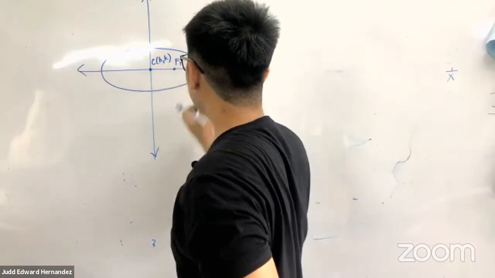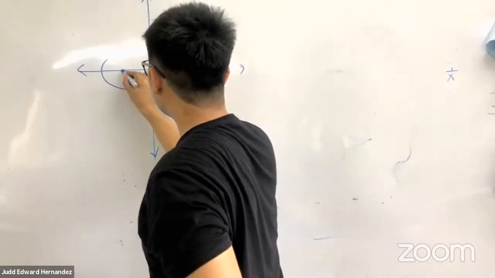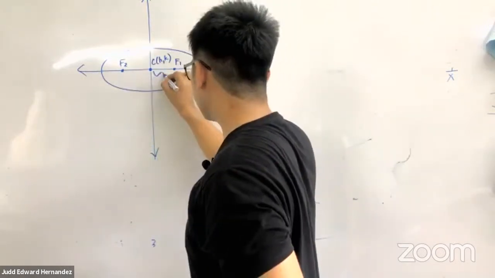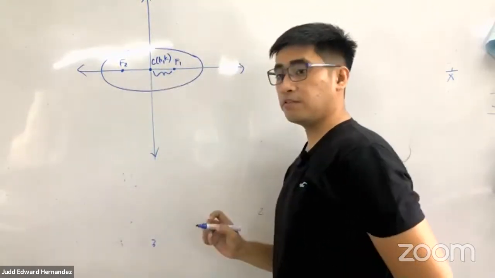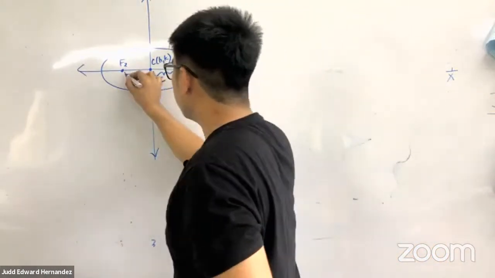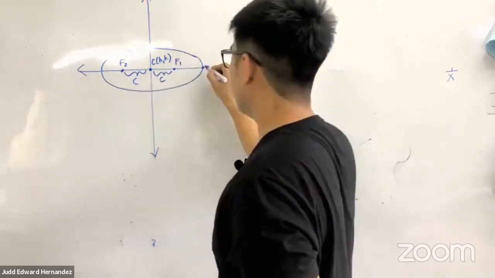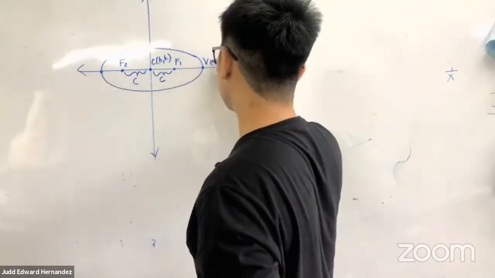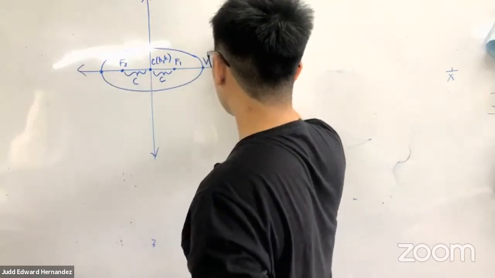This is F1. This is F2. And from the center going to one point of the foci, that is C. This is also C. And the endpoints of the ellipse, we call this the vertices. So sabihin natin V.